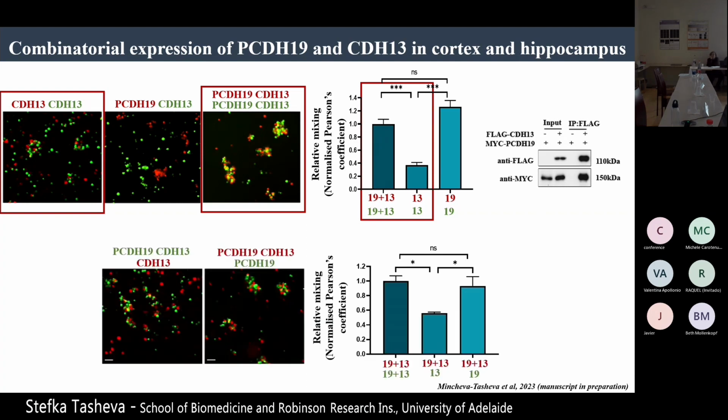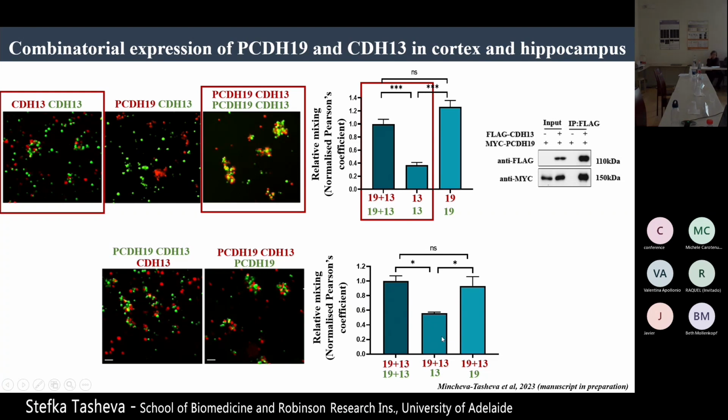So next we performed again this mismatch aggregation assay to see what's the role of PCDH19 in this combinatorial code. And again, we saw that when we mix cells that express the complete code with cells that express cadherin 13 only, which means that here we have a missing PCDH19, let's say a more artificial PCDH19 clustering epilepsy scenario, the cells segregate apart.